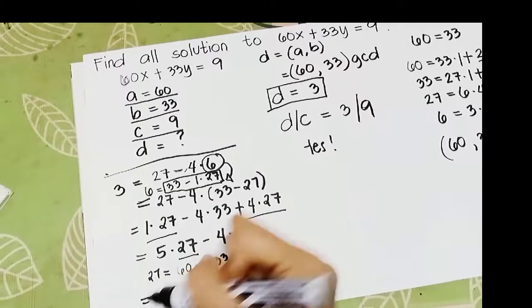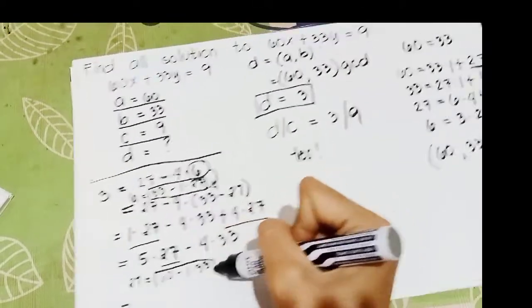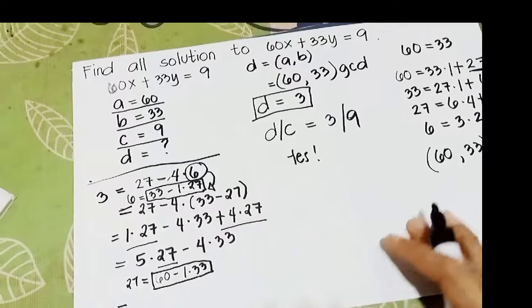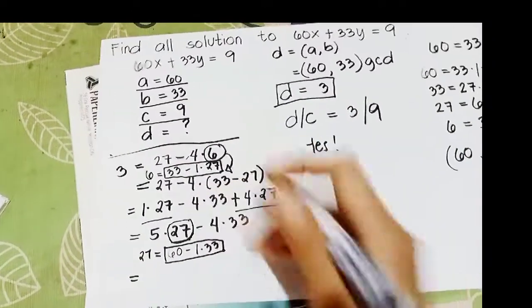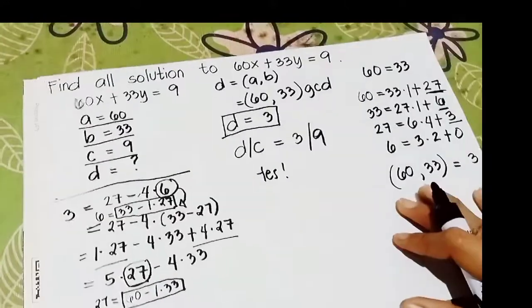So let's distribute here. It's 27, so it's going to be here 27.